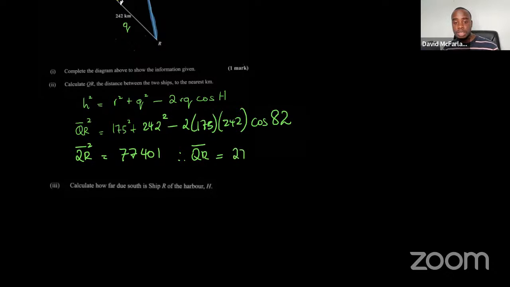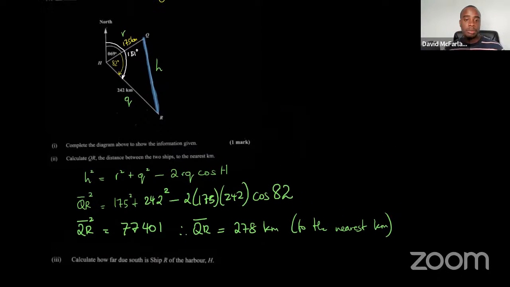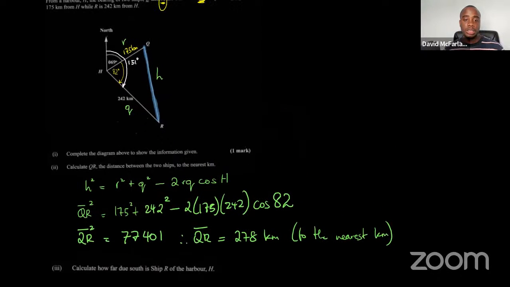I want it to the nearest km. All right, good. So boom, we find QR. Let's look at the diagram now. So now the next thing that the question wants us to find, let's just get it in a few.